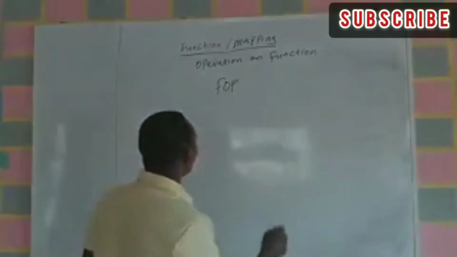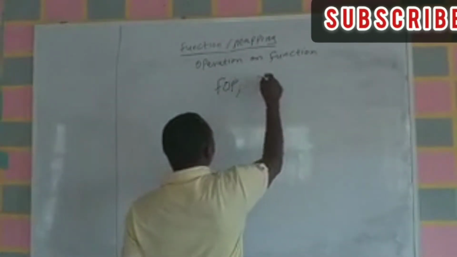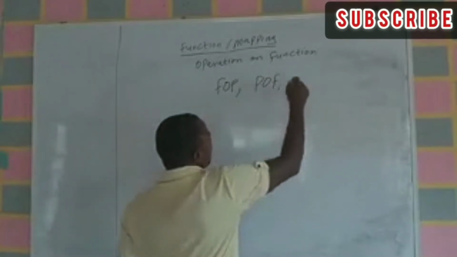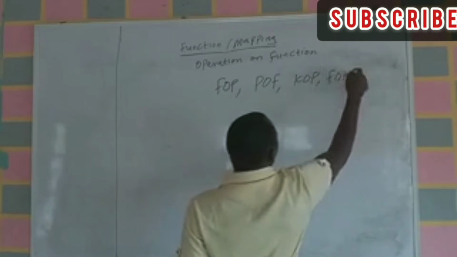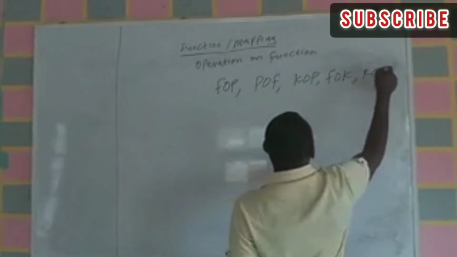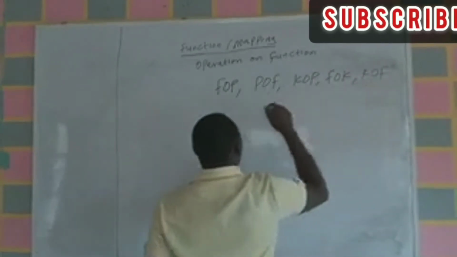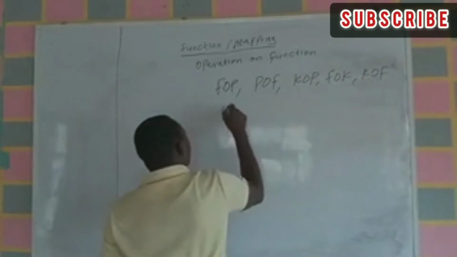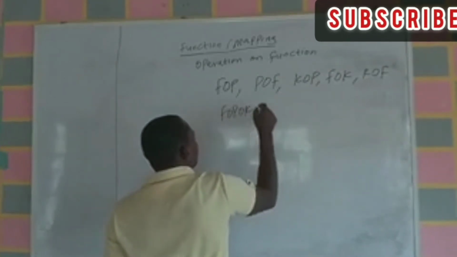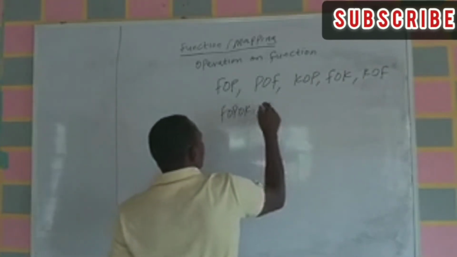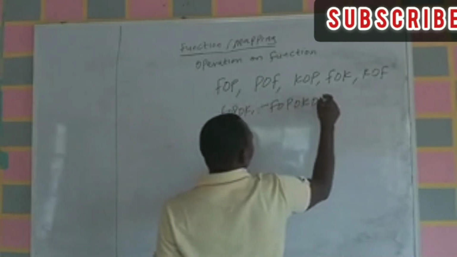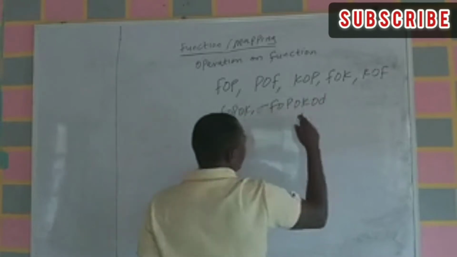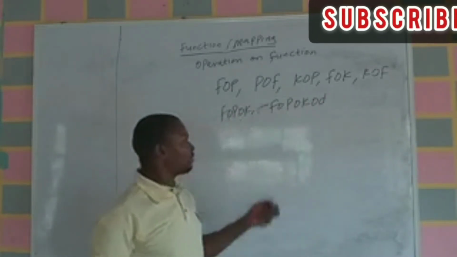Or you can have p o f, k o p, f o k, k o f. We can also have three functions, such as f o p o k. You can have more than that.